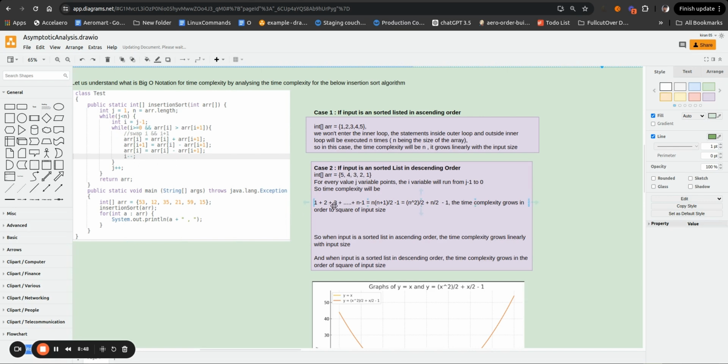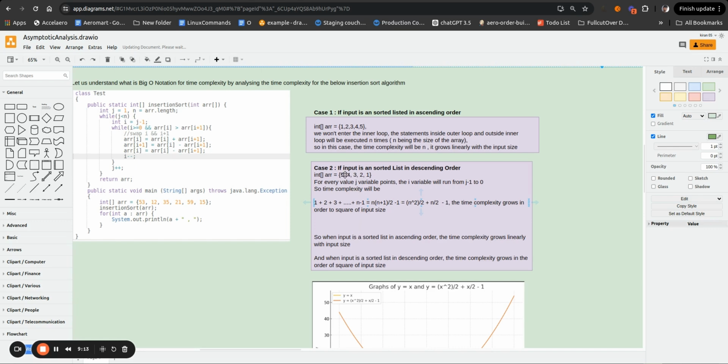If you calculate all this, it will be n times n plus 1 by 2, minus 1. So it will be n square by 2 plus n by 2 minus 1. We can see we got a quadratic equation, so the time complexity will grow in the order of n squared. The growth rate is in terms of the square of the input size.